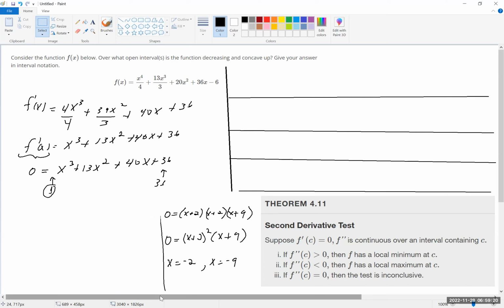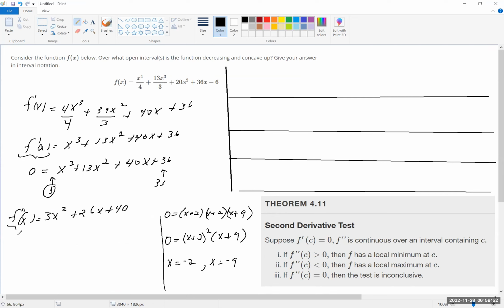All right, so now we're going to take the second derivative. So that's going to be 3x squared plus 26x plus 40.